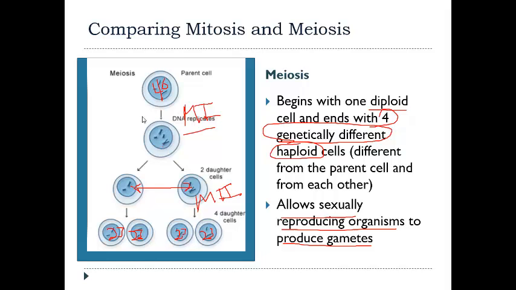And remember, up here we also have crossing over occurring in prophase, and that's what's mixing up and making the genetic information different by the time we get to the end.